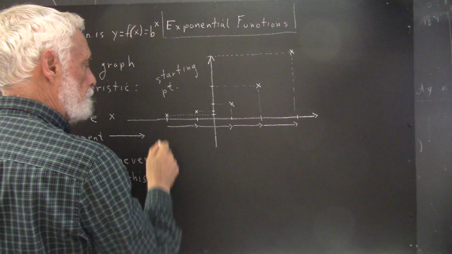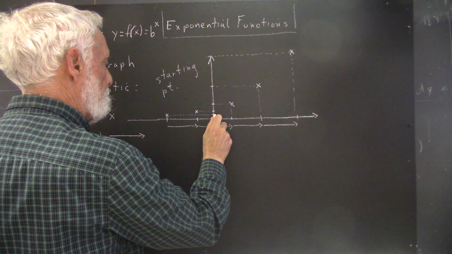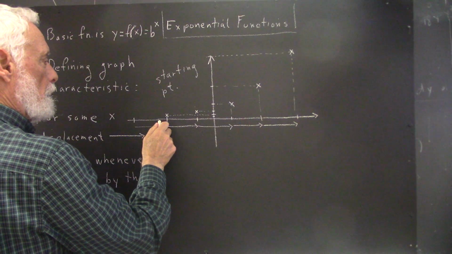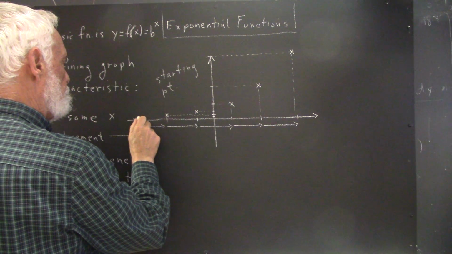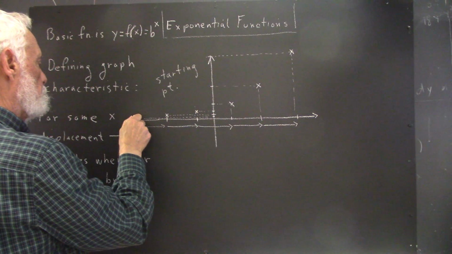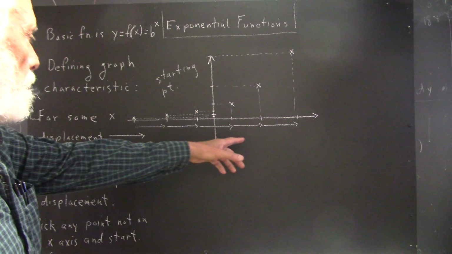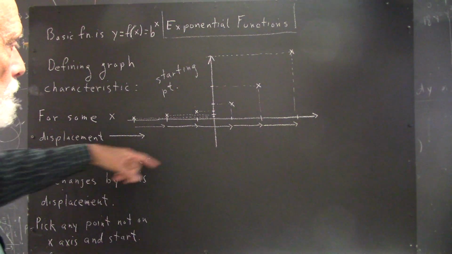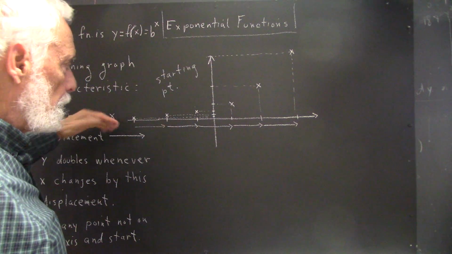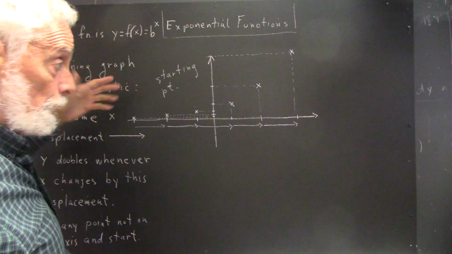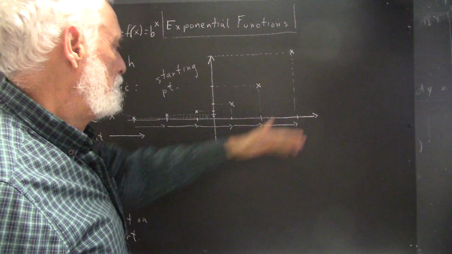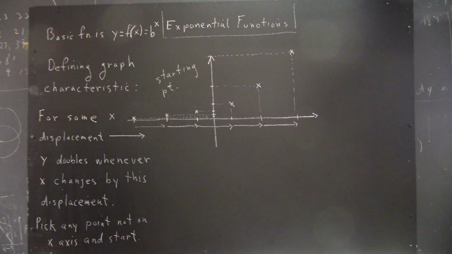Now we can keep doing this. We cut this in half again and put our arrow here, and now we're going to have a point down here that's pretty close to the x-axis. So what's going to happen if we keep moving to the left? Well, we're going to keep cutting these values in half. Pretty soon, within a couple more divisions, our graph will actually be inside of the line, or the thick chalk mark that we've used to represent the x-axis.